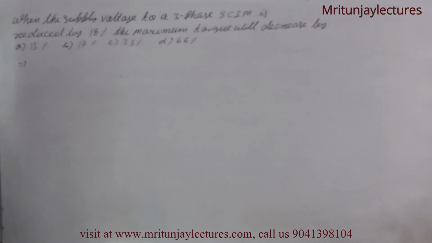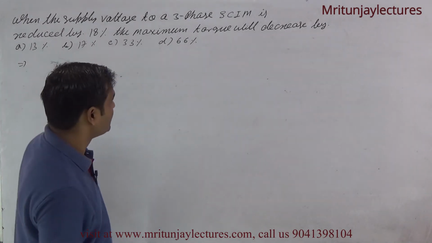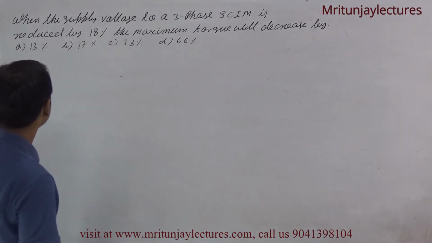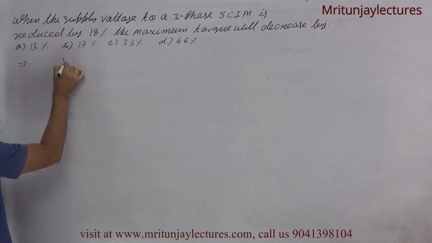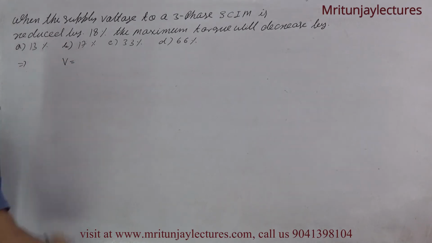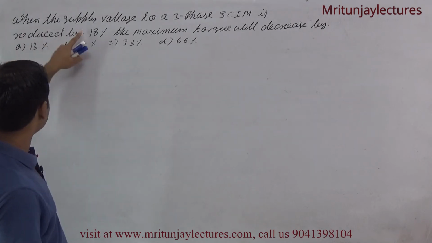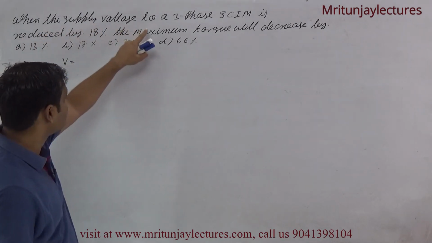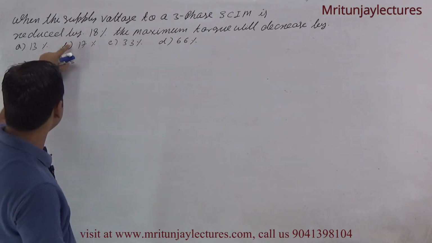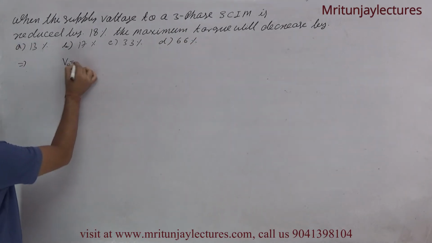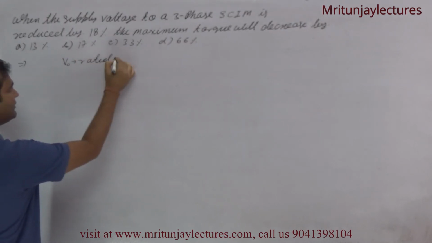Now, the supply voltage to a 3-phase squirrel cage induction motor is reduced by 18%. Suppose V0 is the rated voltage.